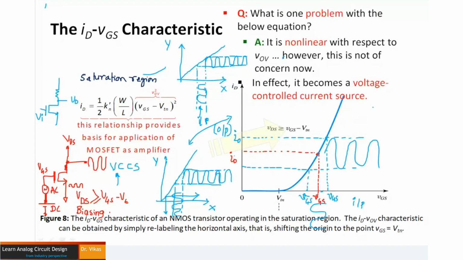In the sense, if I say this is my graph, I keep on drawing a slope, a line.